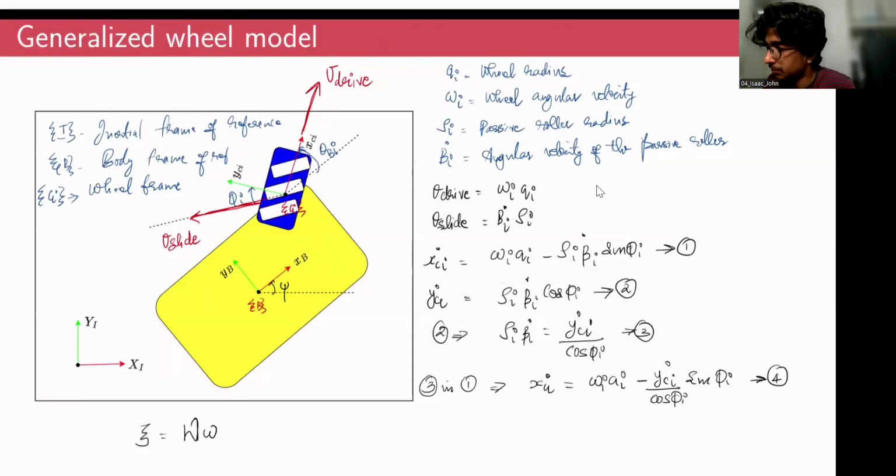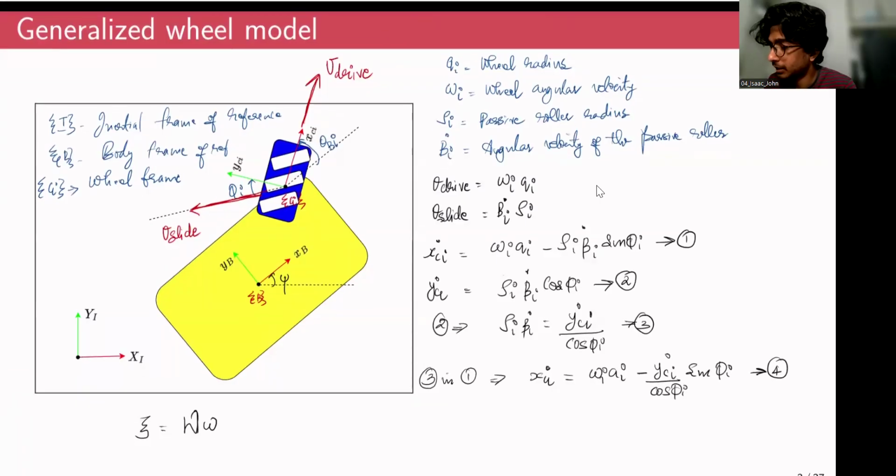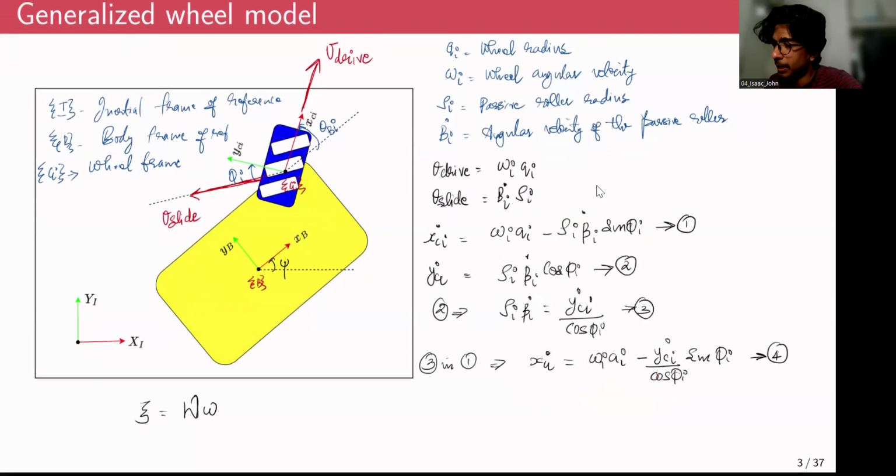I can rewrite this in a vector and matrix form. I'll bring the XCI and YCI terms to one side, and keep omega I on the other side. So it's just a matter of rewriting.